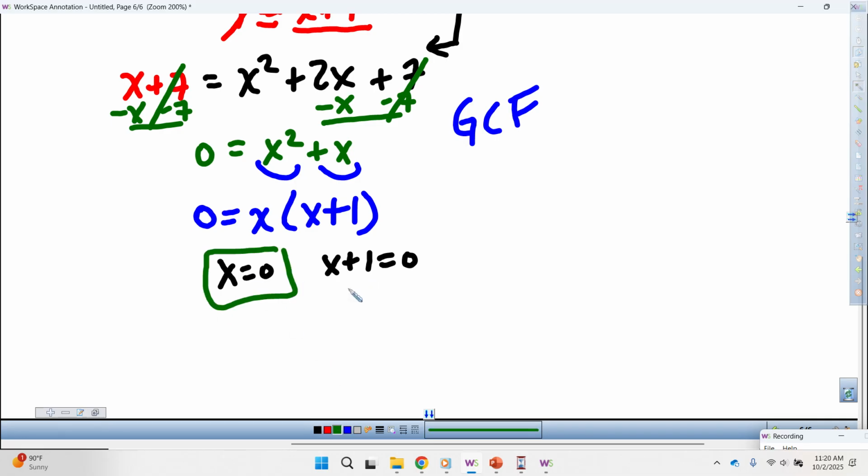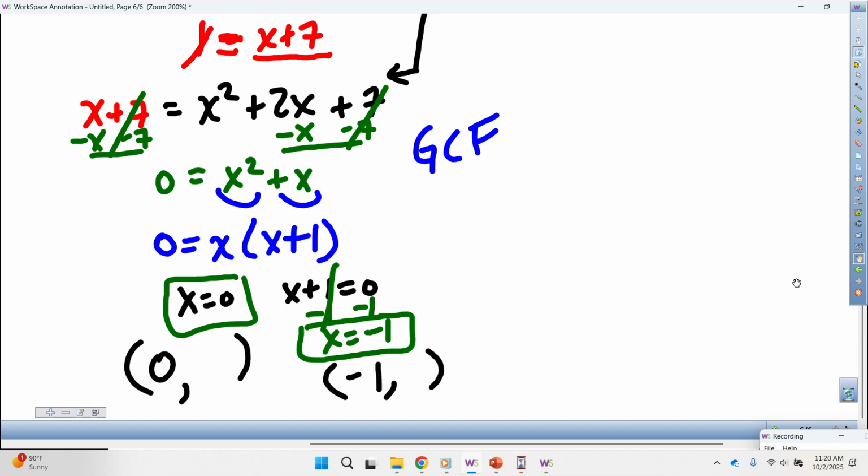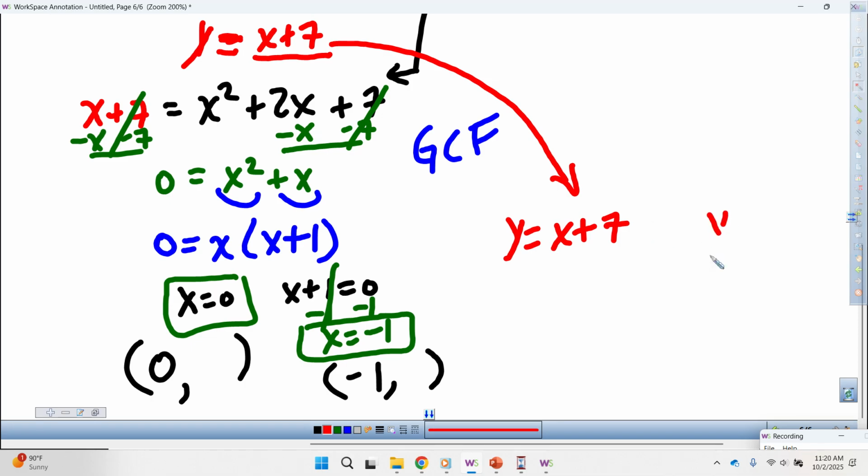All right, this one's already solved. Minus 1, x equals negative 1. So basically I'm done. For this one I have x of 0, and for this one I have x of negative 1. I need a y value, is that correct? Yes, Mr. Q. So which equation do I use, the top one or the little one? I use the little one to go a little bit faster, so y equals x plus 7 two times.